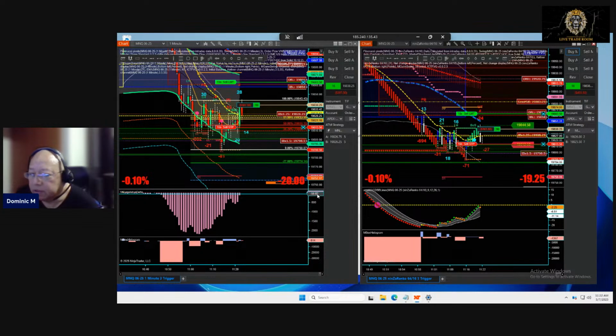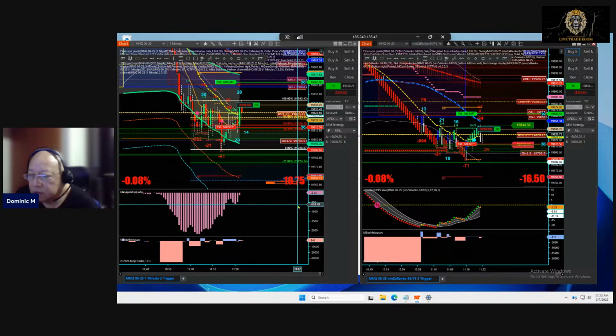Let's see. Maybe it's just a... we're close still. Let's see where it closes above that 21 EMA still. That wouldn't be bad, it'll just pull back.